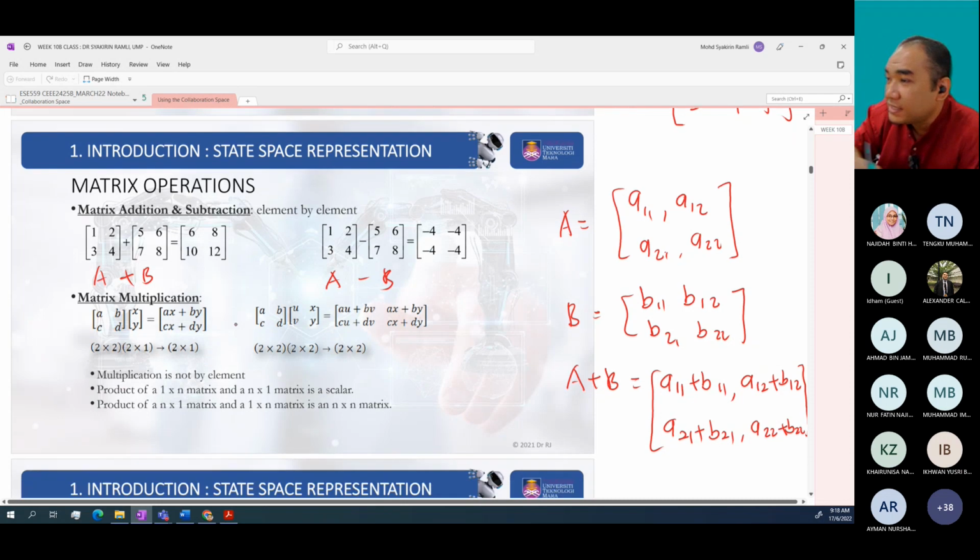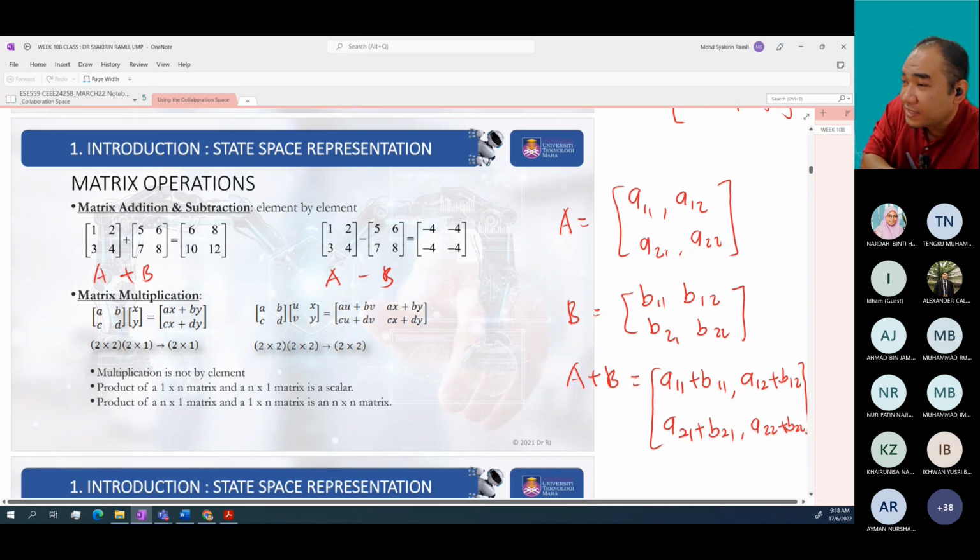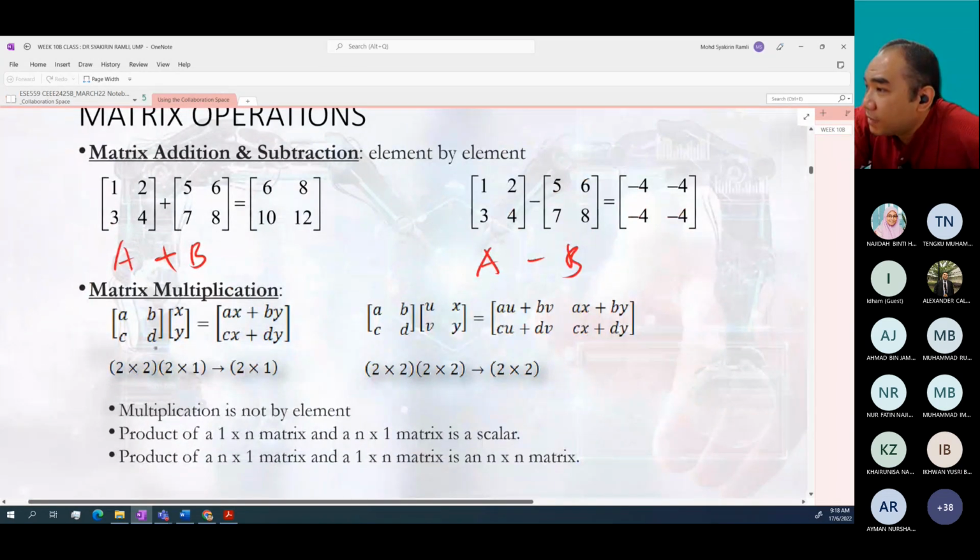So this is going to be a matrix A. So let's suppose that we got a matrix A multiply some vector, kan ini adalah vector X dan juga Y. So the result of the multiplication is going to be AX plus BY.